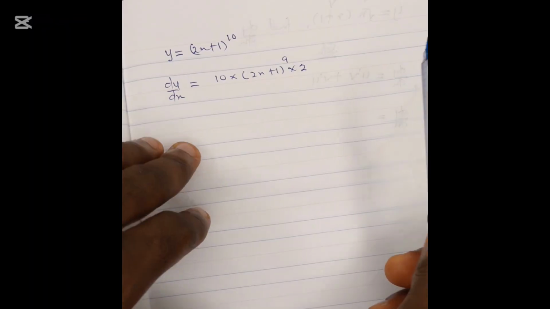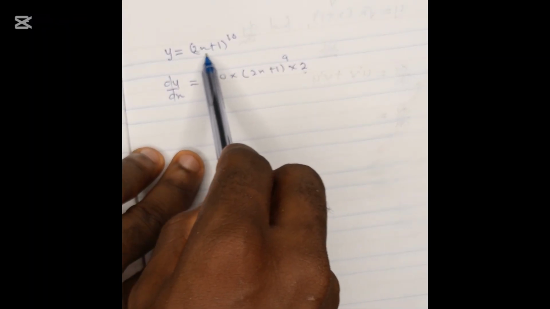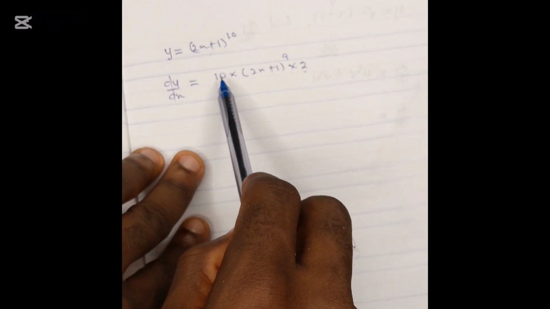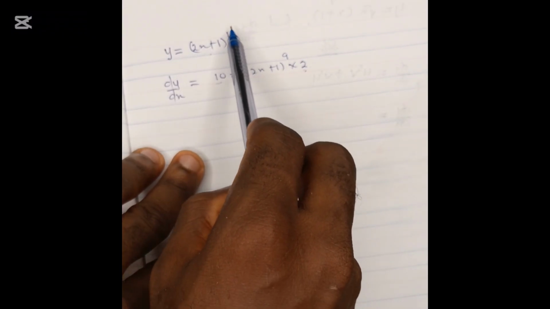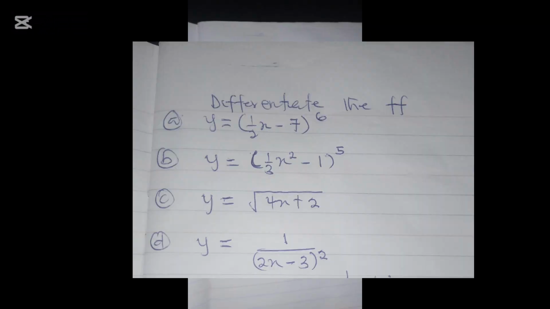Now from here you realize that the 2 here is the differential of what is inside of the bracket, the 10 here is the exponent, and the 9 here is when you subtract 1. Consider the following examples starting from A.